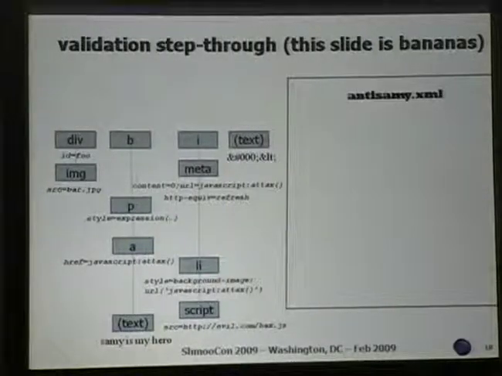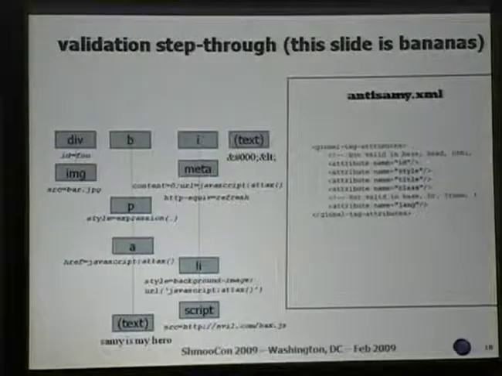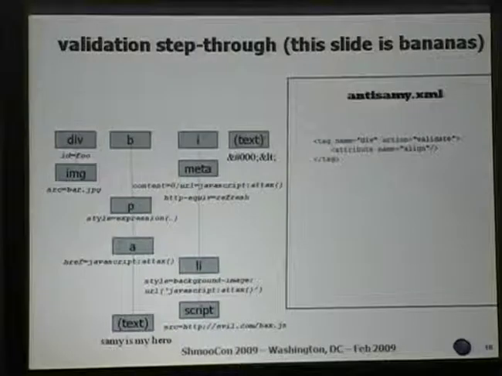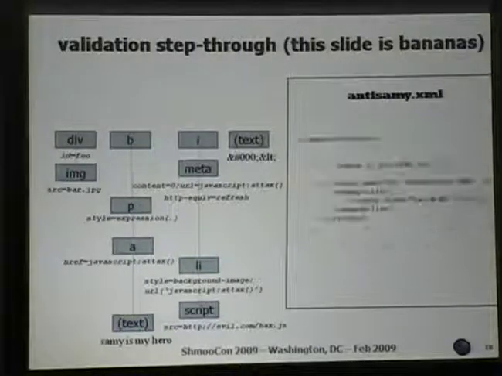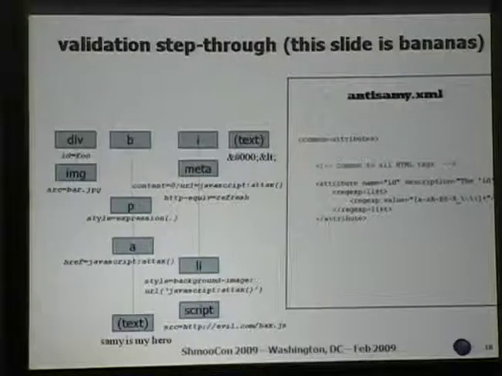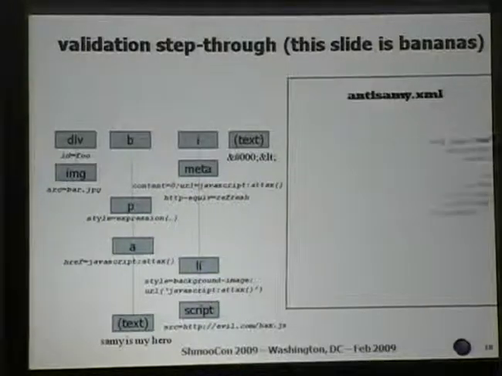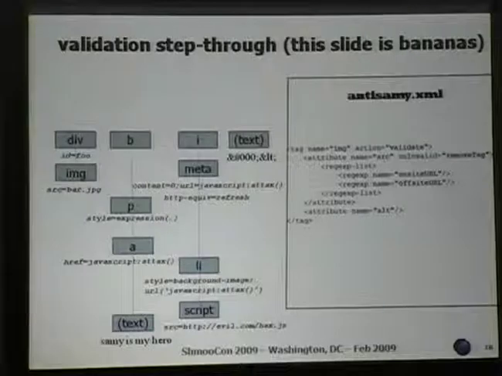So we go to the image, and the image has a... It's not going as well as I'd hoped. Okay. So there's an image tag. Here you can see that we've defined an attribute for the image tag that's called source.